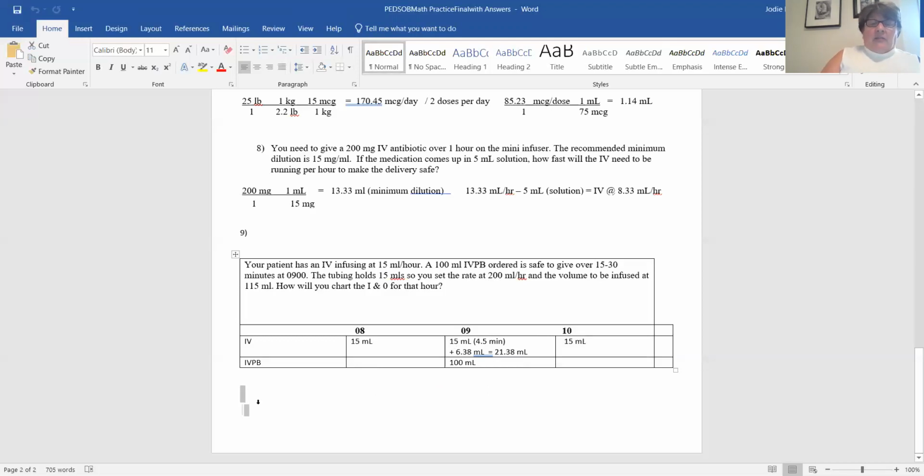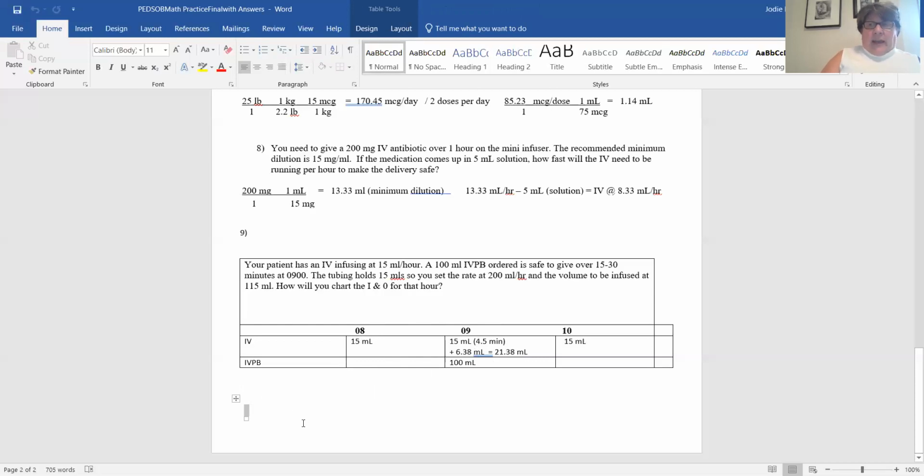And so the next part of that equation, you're going to start with 25.5 minutes over 1. And now you've gone back to your 15 milliliters per hour. So you've got 25.5 minutes.